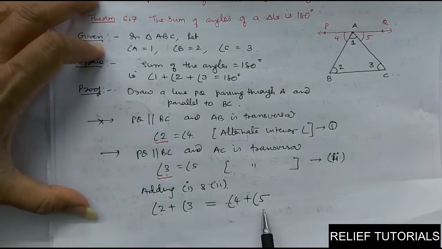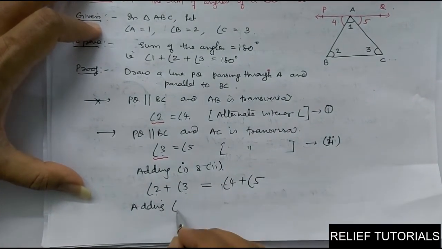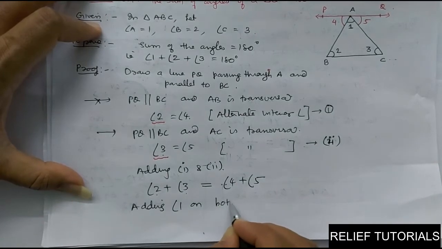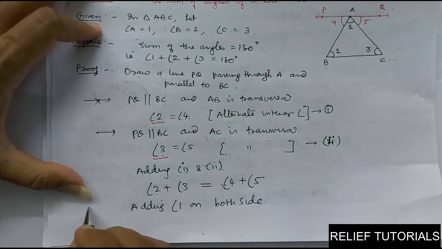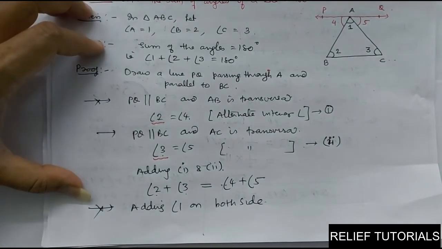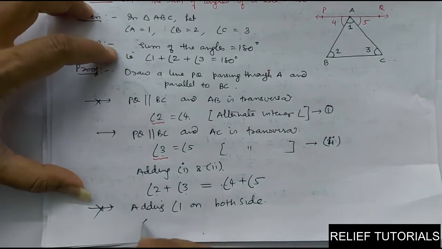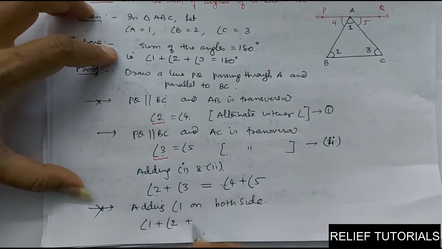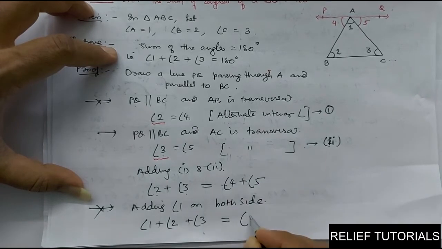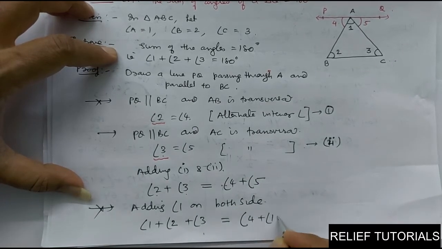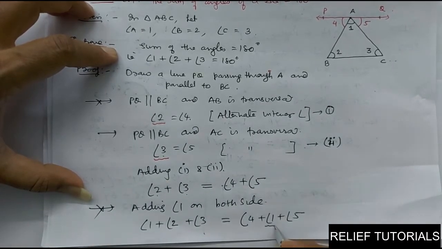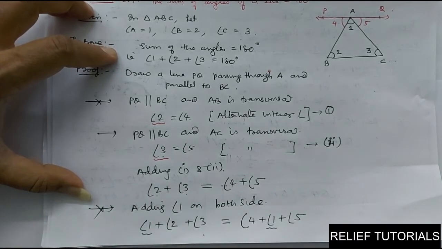Now we will add angle 1 on both the sides. What will you get? Angle 1 plus angle 2 plus angle 3 is equal to angle 4 plus angle 1 plus angle 5. So I have added 1 on both the sides.